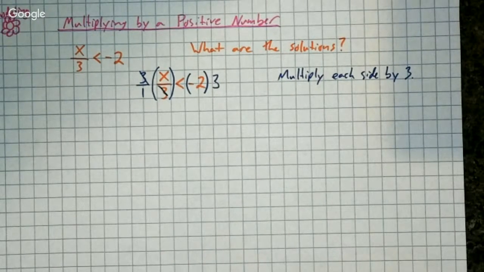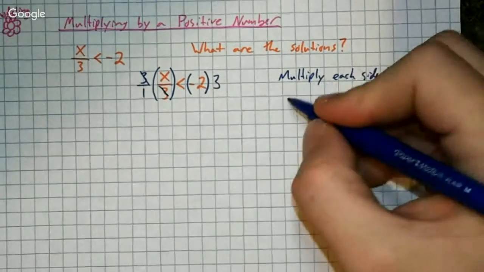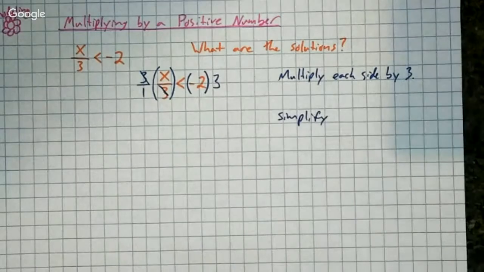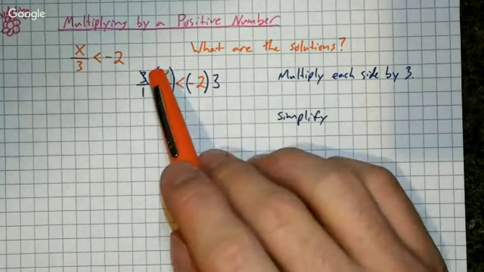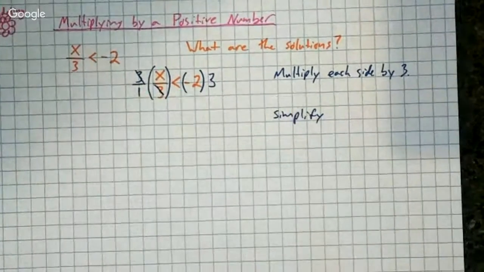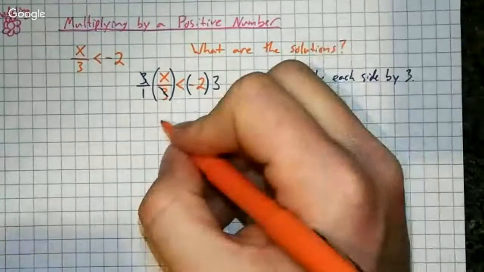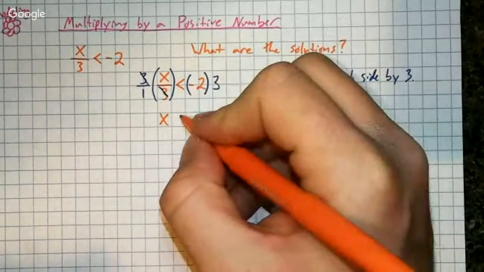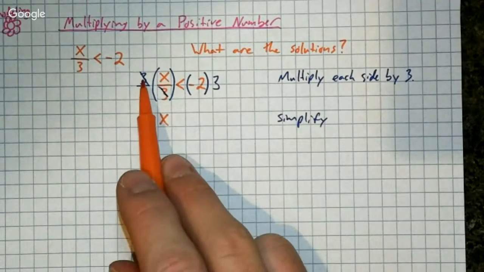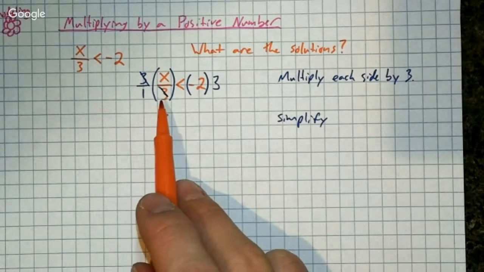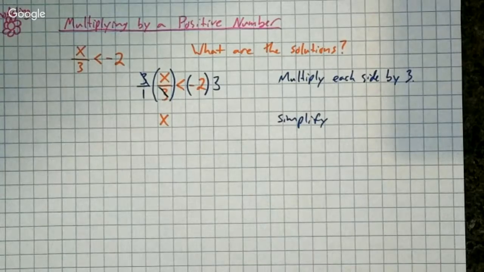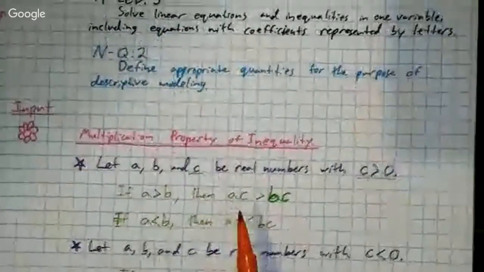So we've done that. Now we get into our next step, which is always just to simplify. On one side, we're going to have x over 1, which is just going to give us x. Now, this is the important part. We multiplied a positive 3 to each side. Let's go back for a second. What does the rule say?